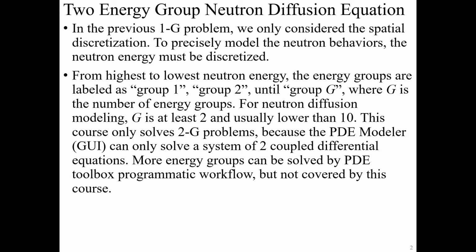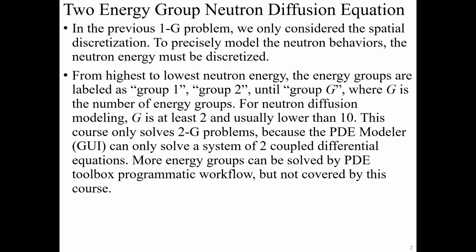The energy groups are labeled as group 1, group 2, until group G. The capital G represents the total number of energy groups. For neutron diffusion modeling, normally G is at least 2, so 1 is not enough for sure.